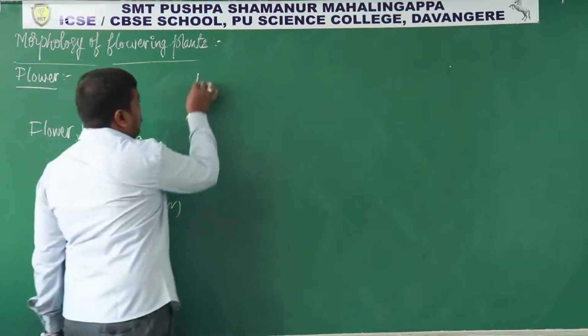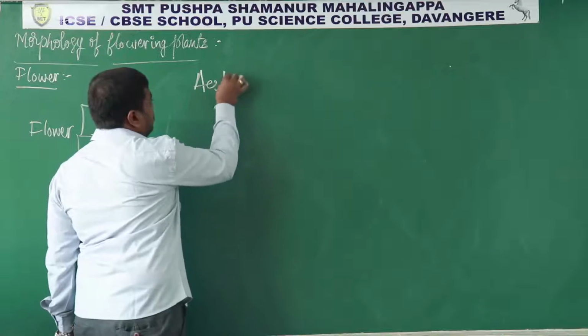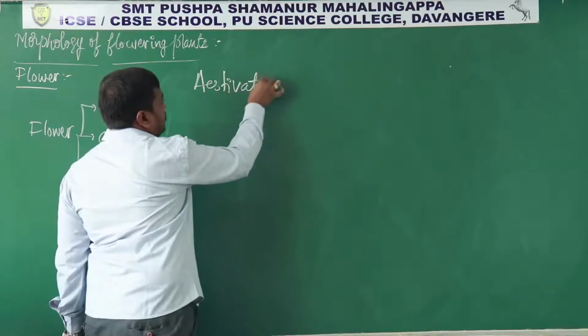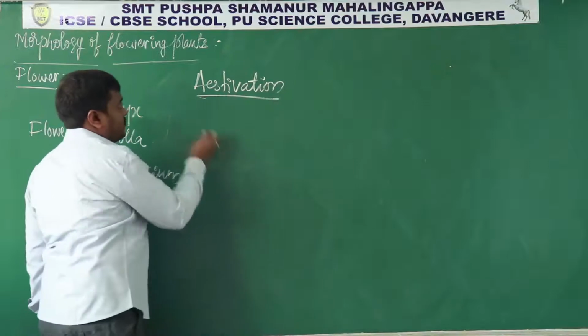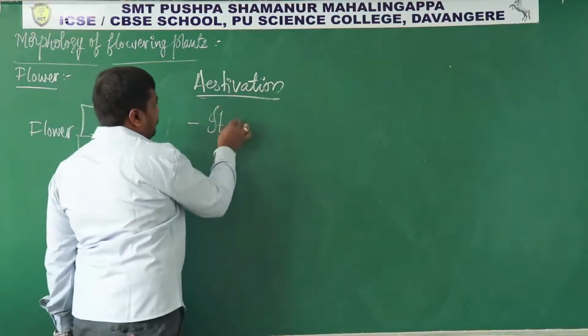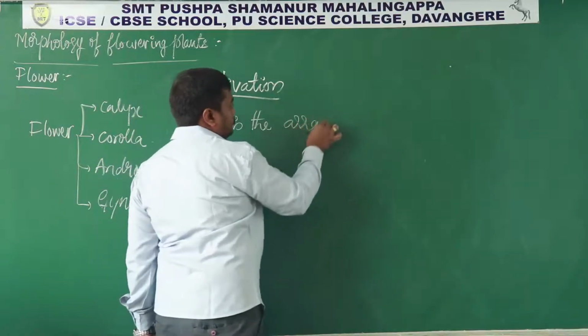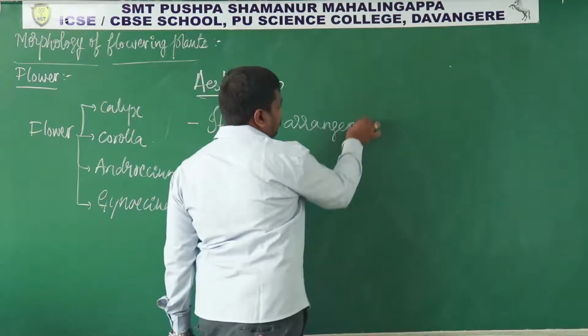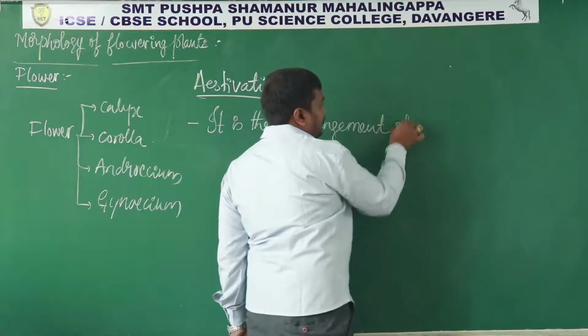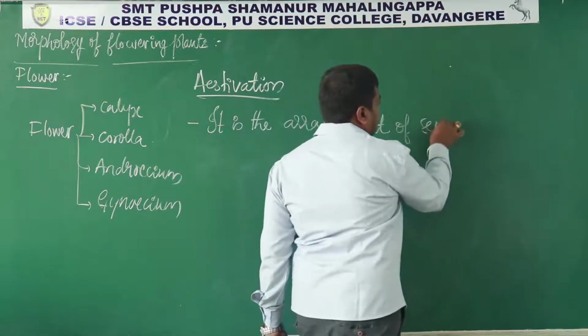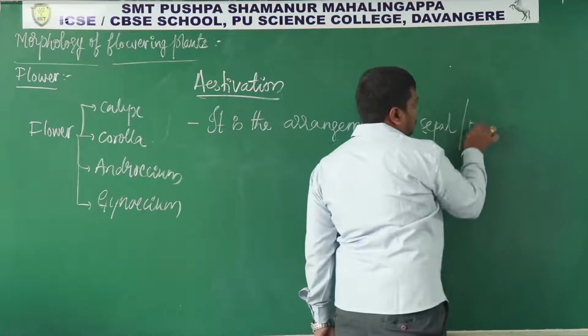So next is estivation. Estivation is the arrangement of either sepal or petal.